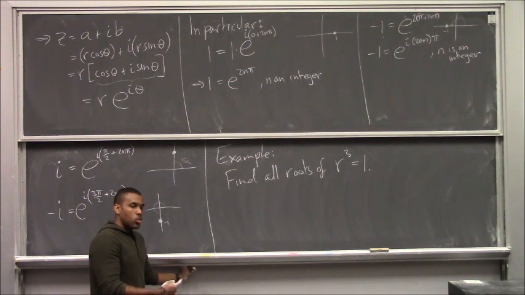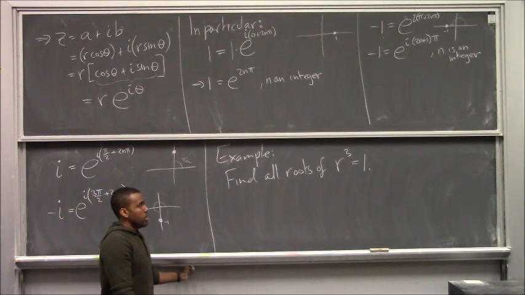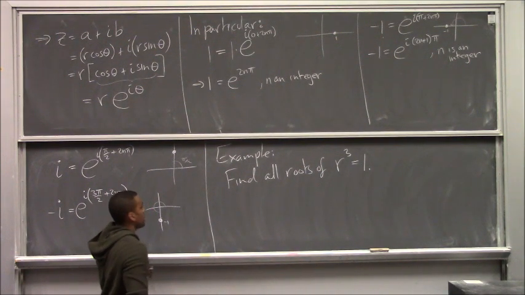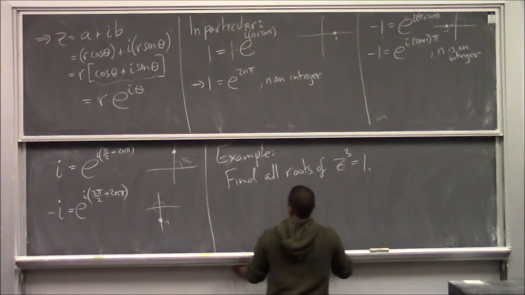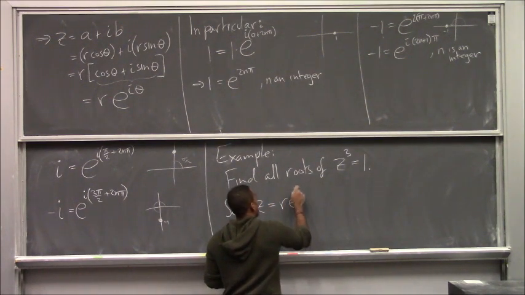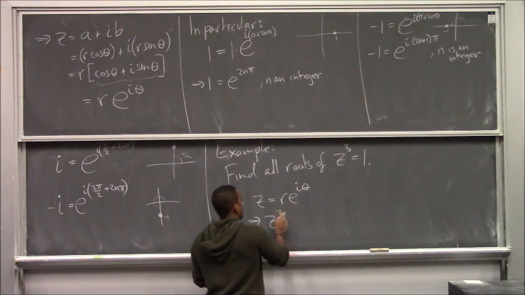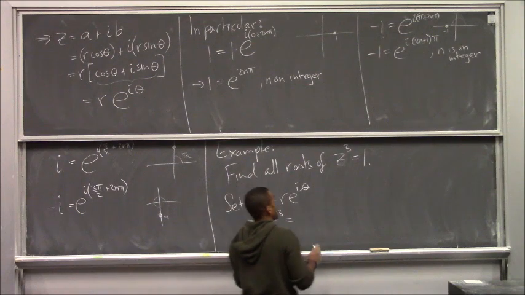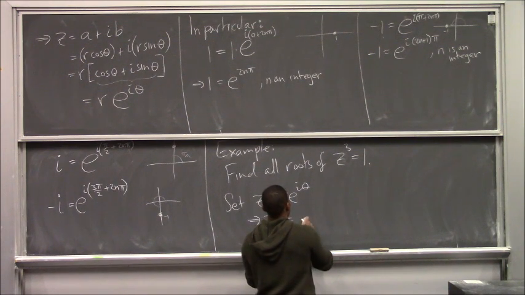Yes, you could bring this to one side, think of it as a difference of cubes and use that formula, and then use the quadratic formula to find the roots of the quadratic part. But let's actually use this way. Let's make this z. So here I would set z equal to r e to the i theta. This means that my z cubed is going to be... e to the 2n pi.